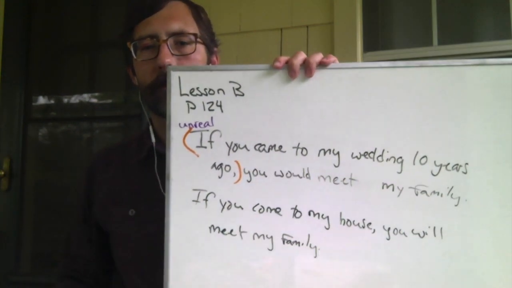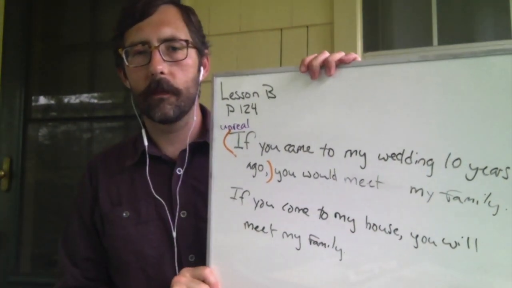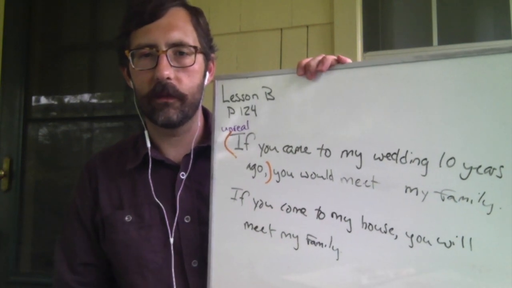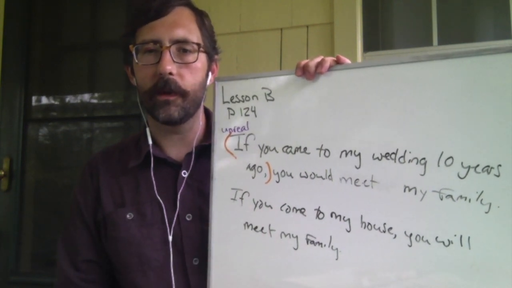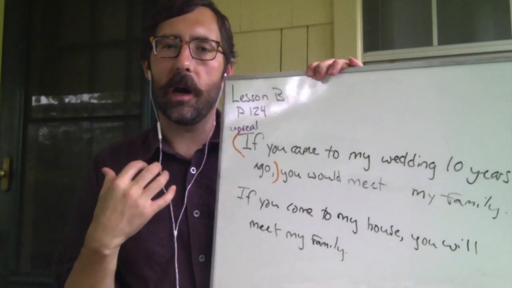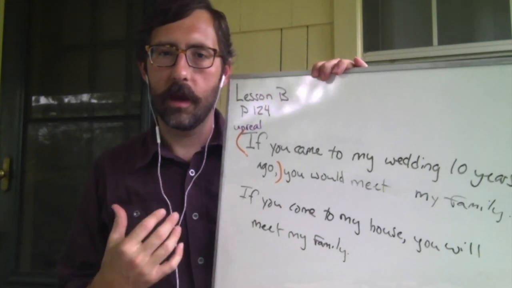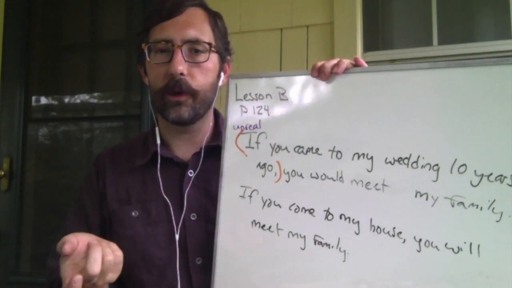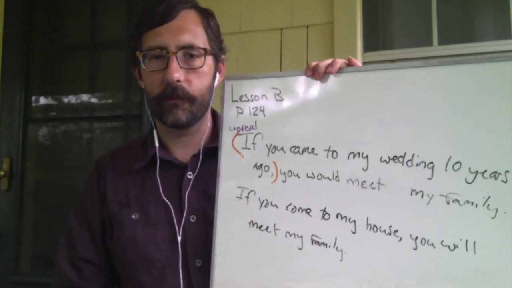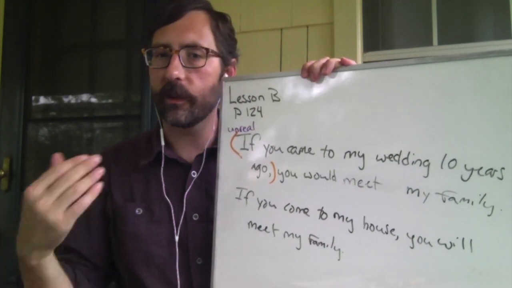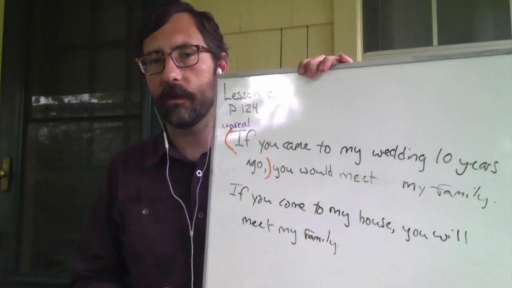right? If you come to my house, you will meet my family. Is it possible? Is there a way for you to come to my house today, or tomorrow, or next week, or when this pandemic is over?